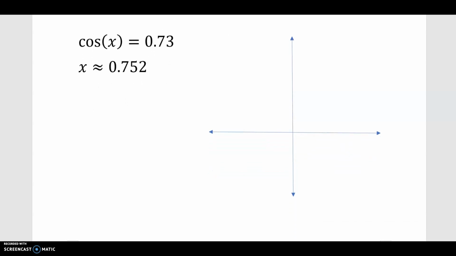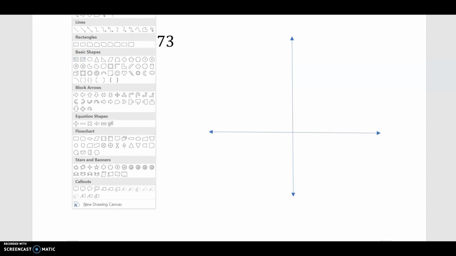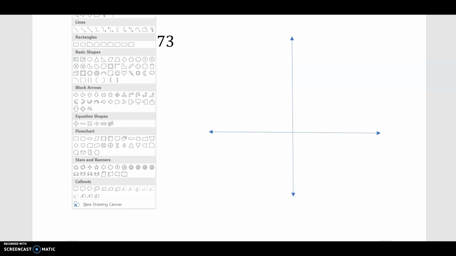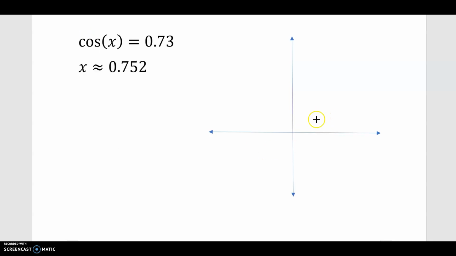Now, thinking about that in terms of the unit circle, 0.752 is definitely less than pi over 2, but is greater than 0. That means my angle that has a radian measurement of 0.752 is located within the first quadrant. And that makes sense because the range of arc cosine, if you guys remember, is from 0 to pi, which means it is in the first and second quadrant.